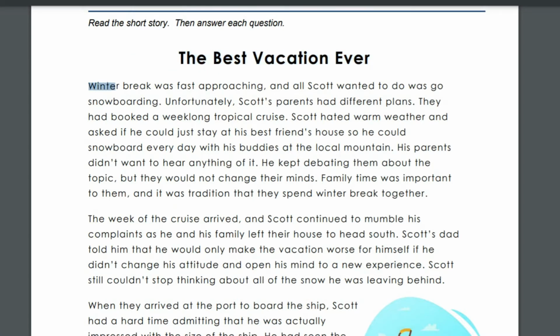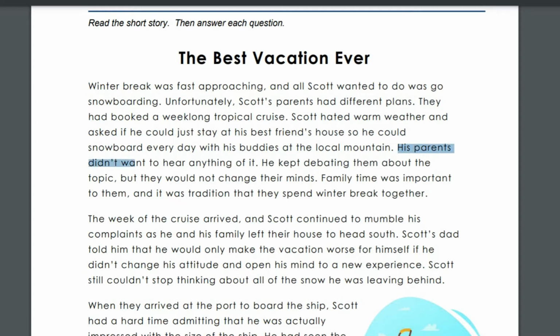Winter break was fast approaching, and all Scott wanted to do was snowboarding. Unfortunately, Scott's parents had different plans. They had booked a week-long tropical cruise. Scott hated warm weather and asked if he could just stay at his best friend's house so he could snowboard every day with his buddies at the local mountain.